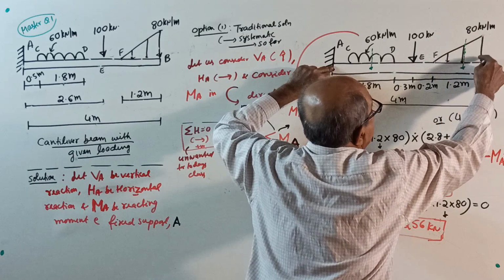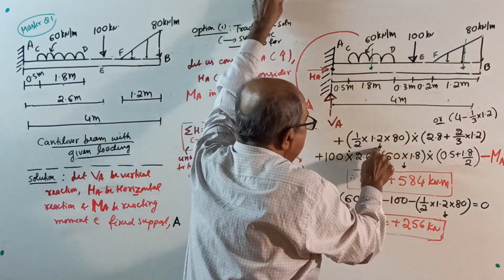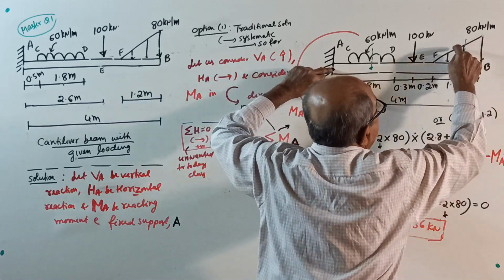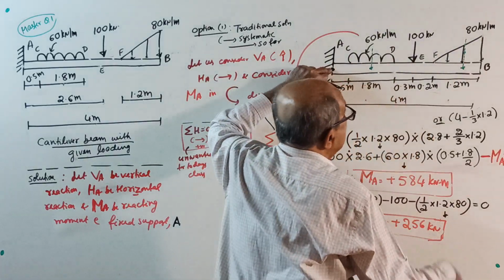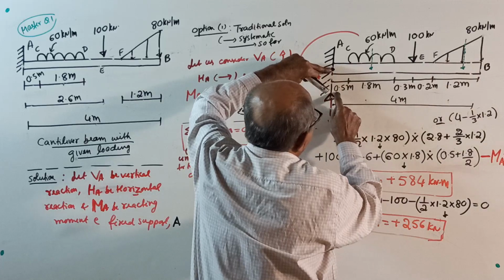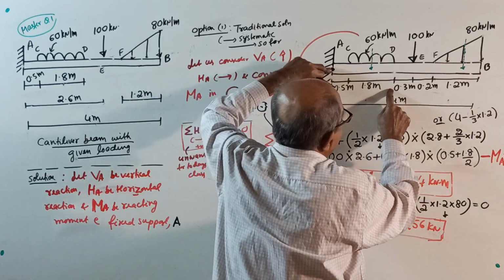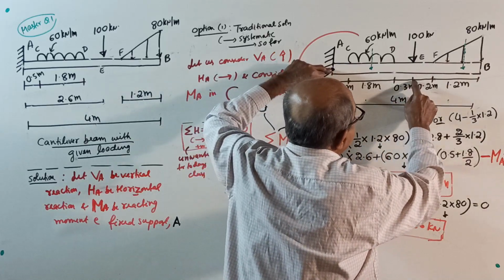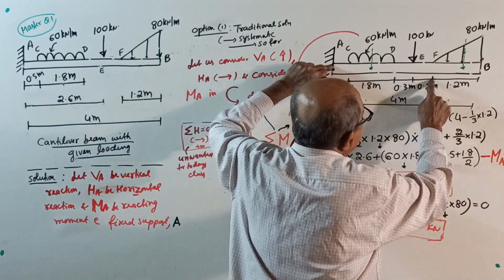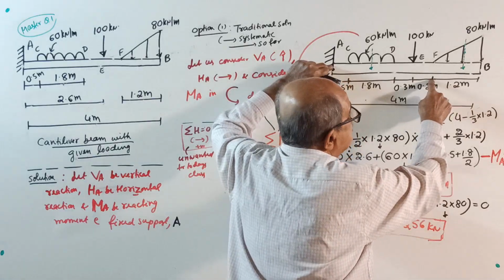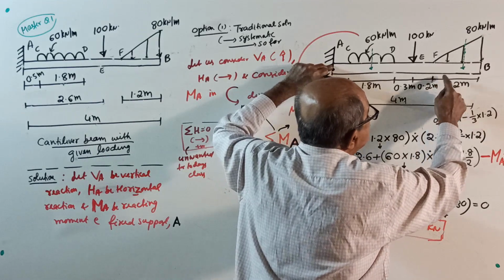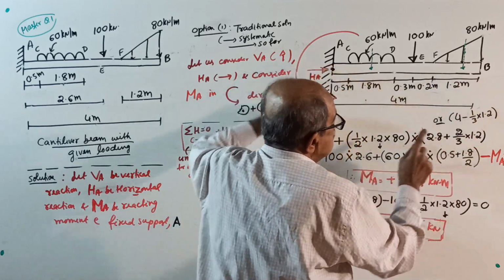Half into 1.2 into 80 is the total load, into the distance from A to the line of action: 0.5 plus 1.8 is 2.3, plus 0.3 is 2.6, plus another 0.2 is 2.8, plus another 2/3 of 1.2.